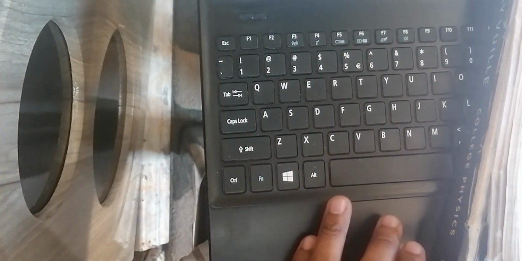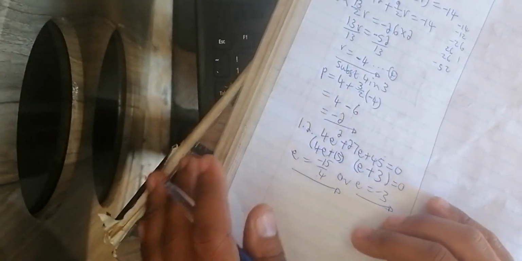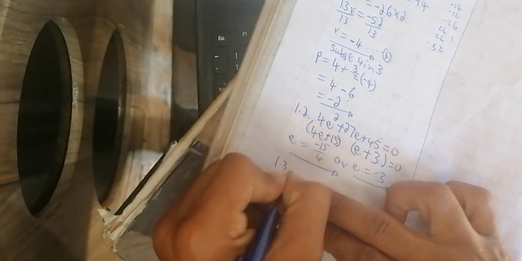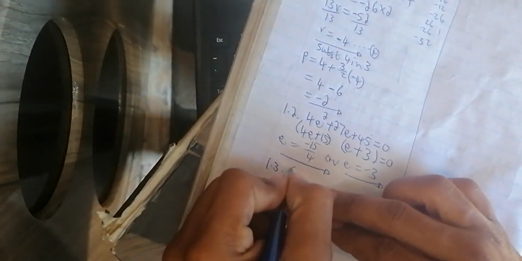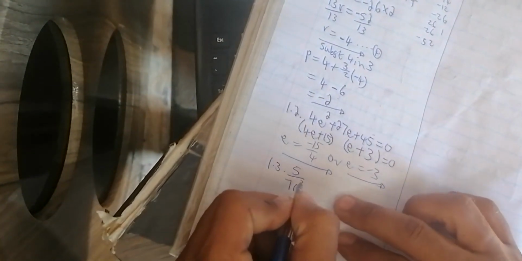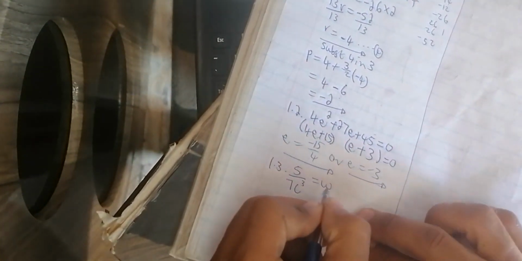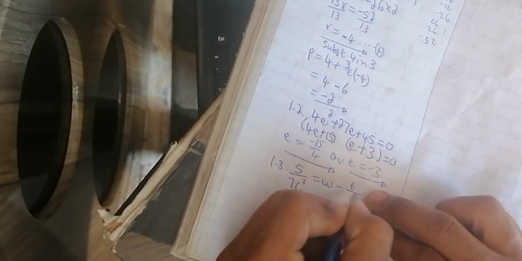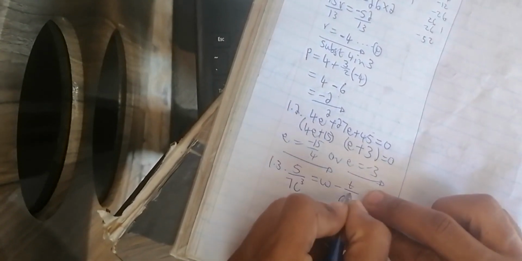Now in 1.3 they say make C the subject of the formula. We have 5 divided by 7C³ equals W minus T divided by C³.